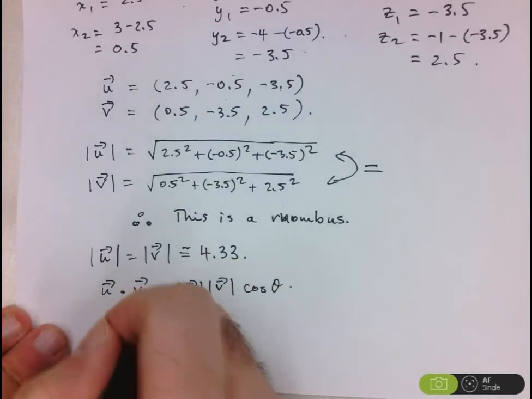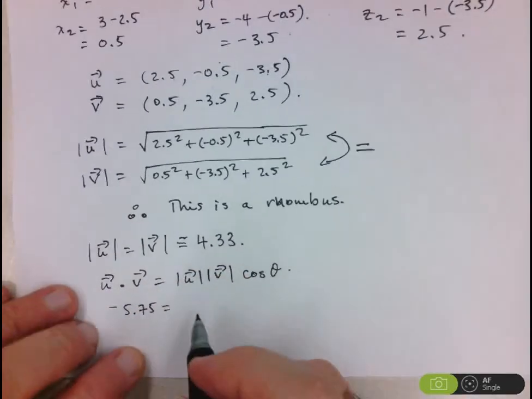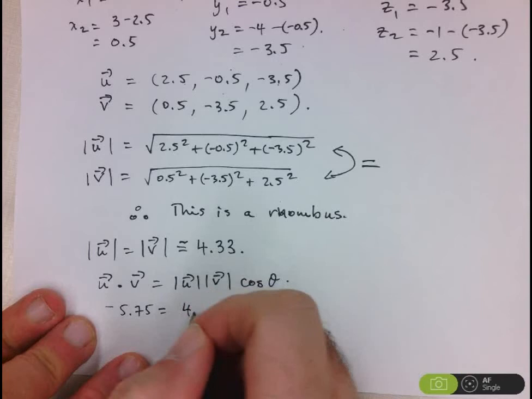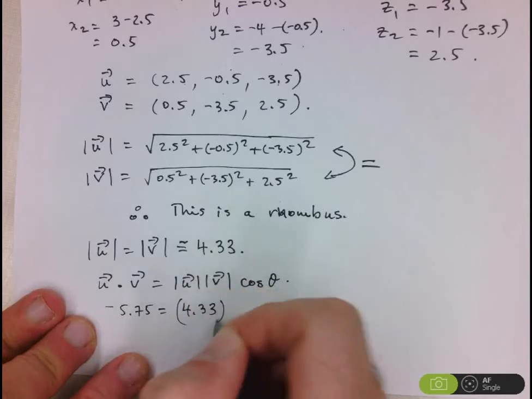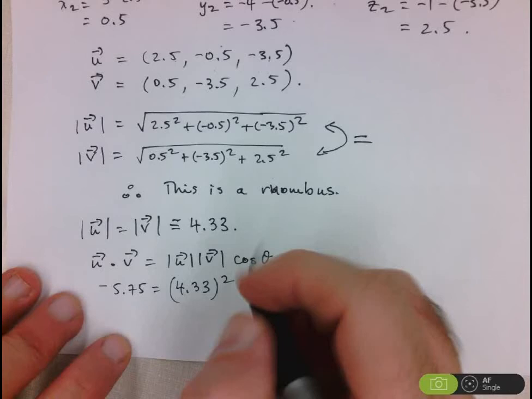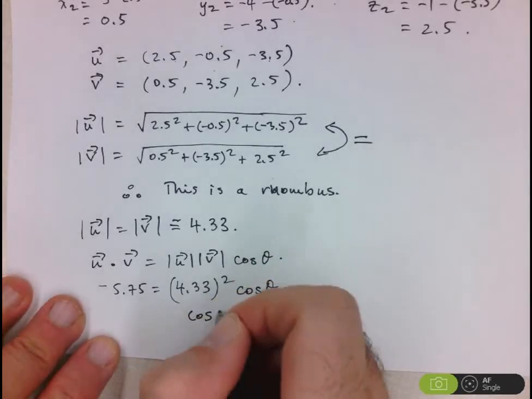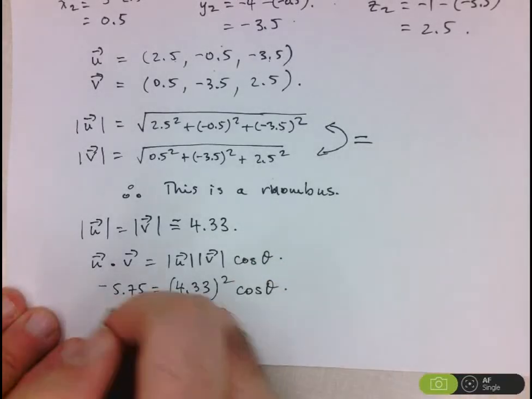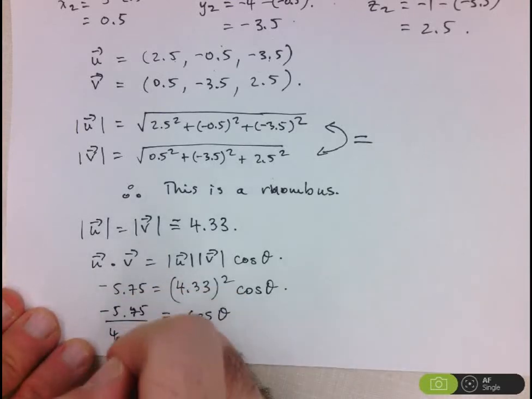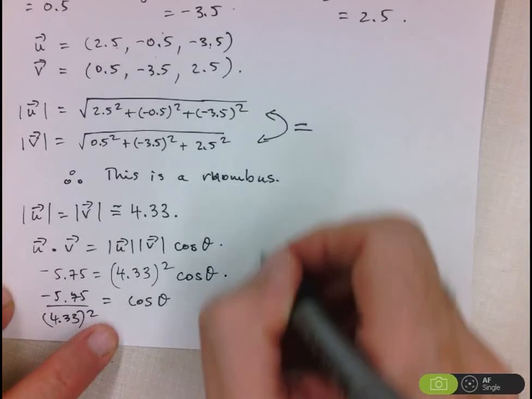Okay, so the left-hand side is negative 5.75, and here, well, we have the magnitude of u times the magnitude of v. They're equal, so 4.33 squared. Cheating a bit with not using the exact value, but we'll leave it for now, times cos theta, and so cos theta is equal to negative 5.75 over 4.33 squared. And so let's go up here.